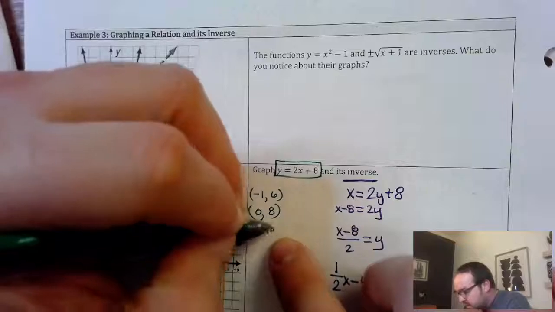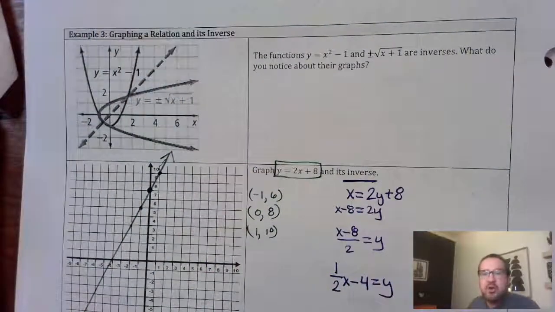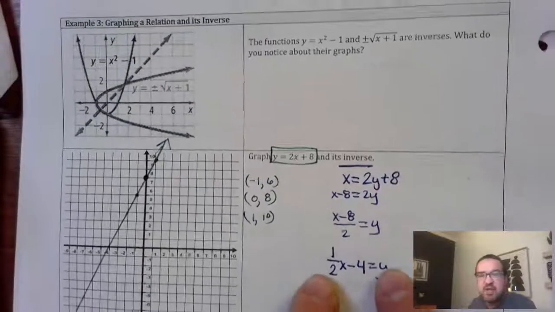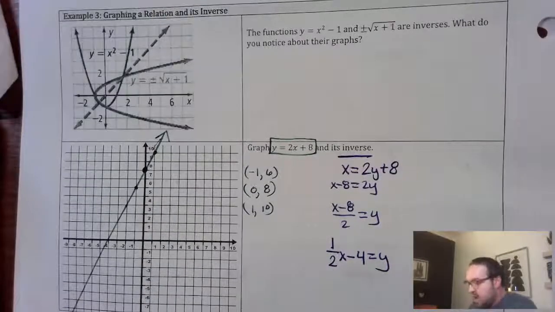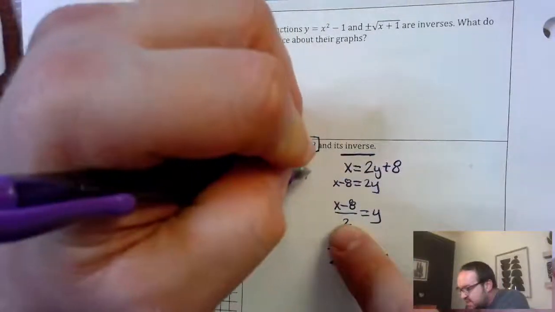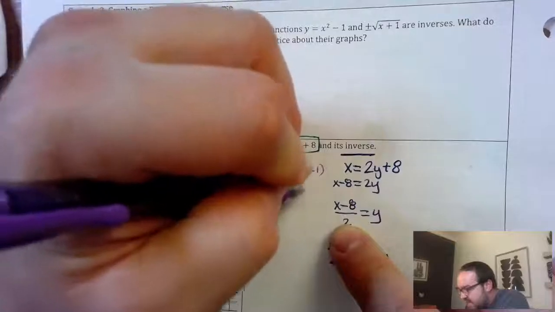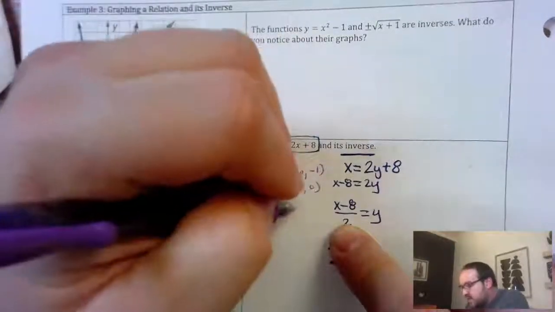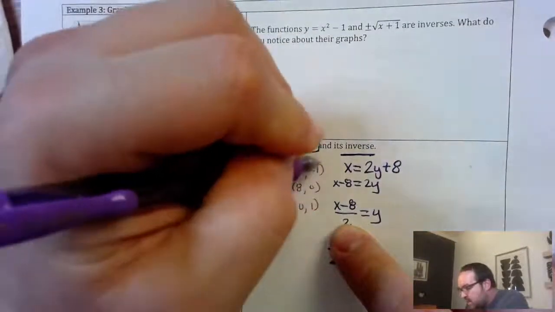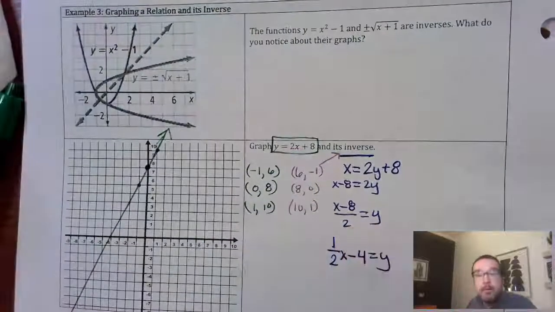Now, I could just do this. Instead of actually graphing this line here, the inverse would be 6, -1, 8, 0, and 10, 1, right? That's the actual points when I just switch them.